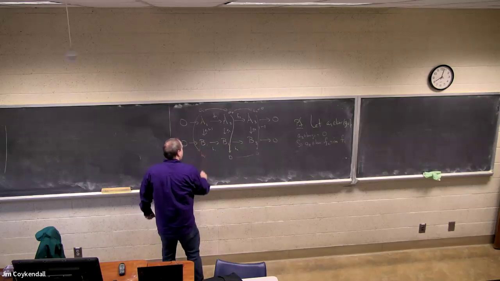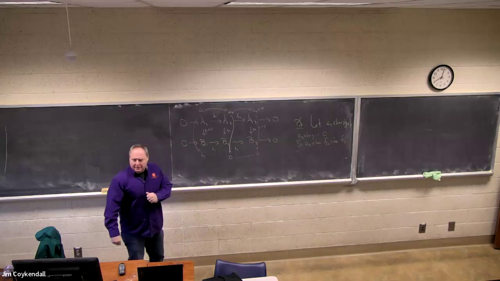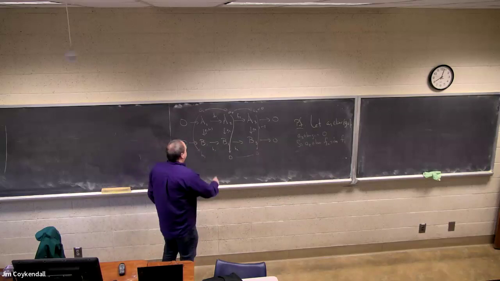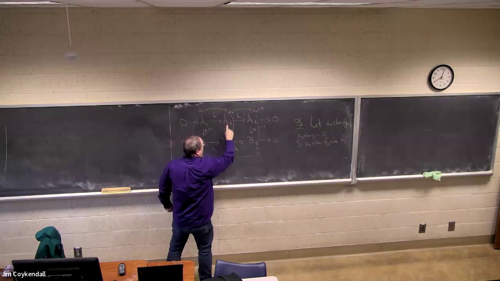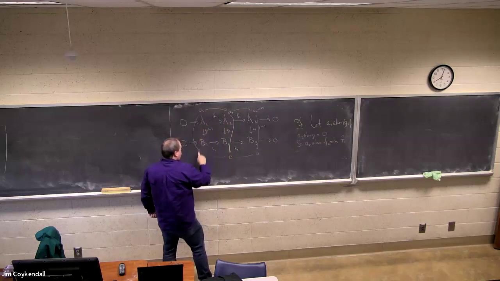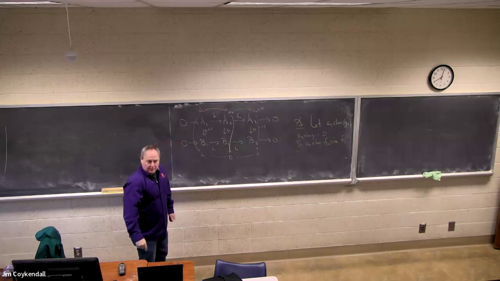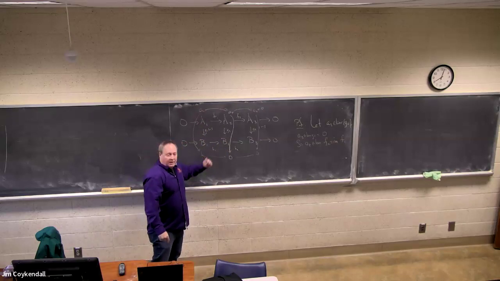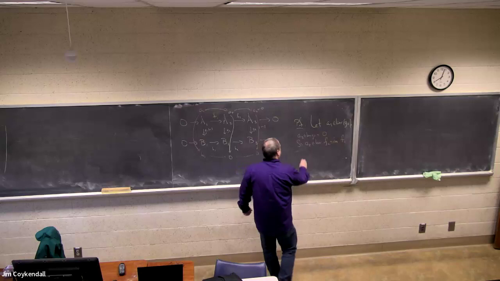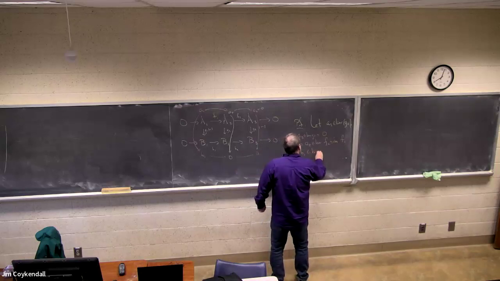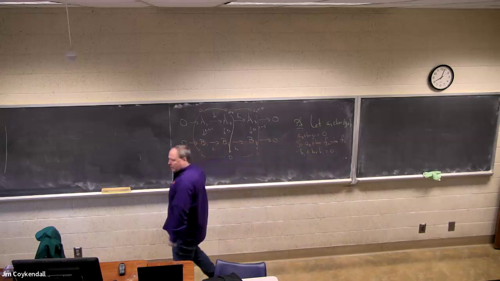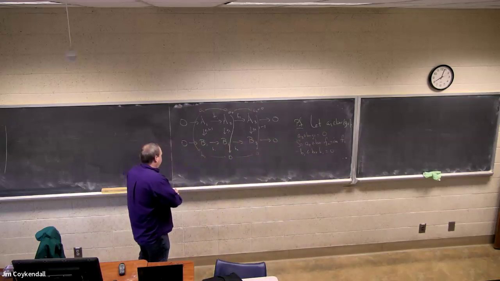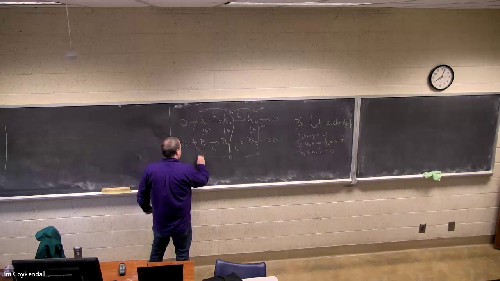So I'll call it B1. But I do know what? B1 must go to 0, right? Because this goes to 0, so this path leads to 0 as well. But H1 is 1 to 1. So the kernel of this is 0. So that means that B1 is also 0.